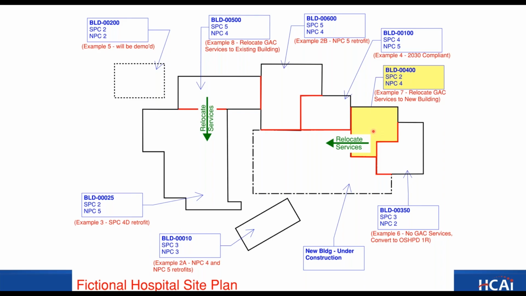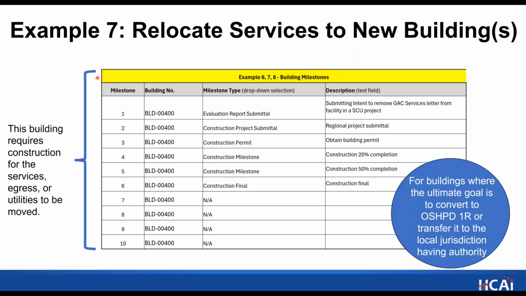So let's look at these milestones. This table is actually identical to the one that we just looked at, and the work is also very similar. So it starts with your intent to remove GAC services letter that you send to the Seismic Compliance Unit, and then your regional project submittal for that construction to move utilities, egress, or the services themselves, and then a construction permit and the construction milestones.